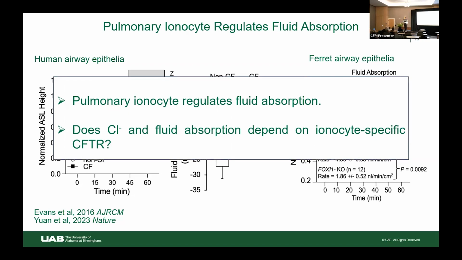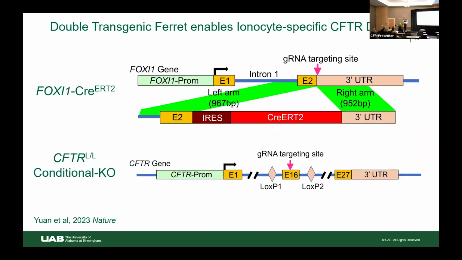So the next question we're trying to get into is about the molecular mechanism. We ask how chloride and fluid absorption depend on the ionocyte-specific CFTR gene. So we reported two transgenic ferret lines.